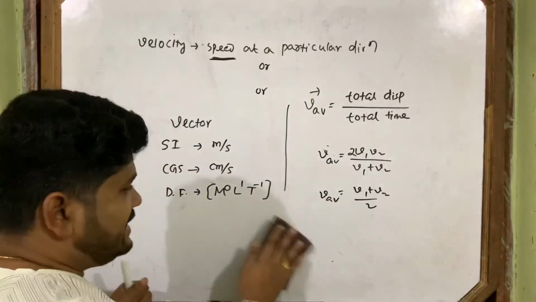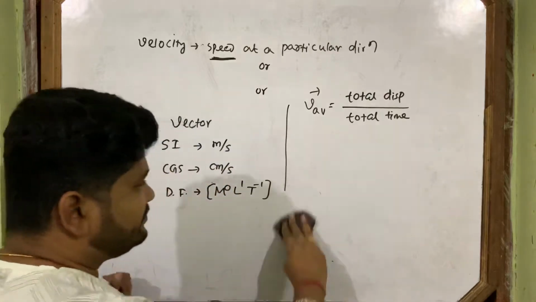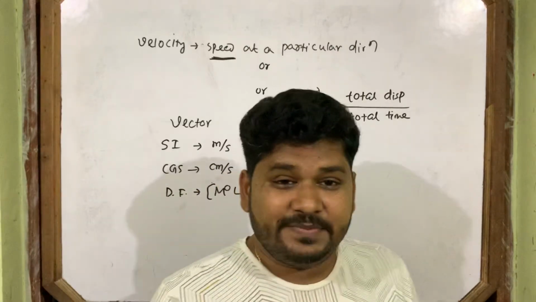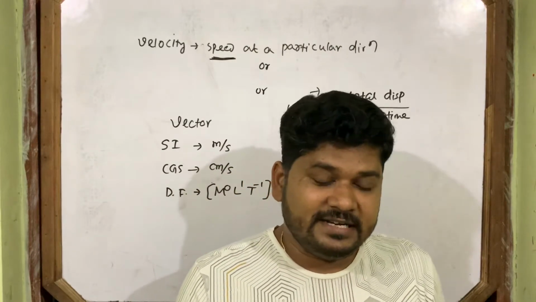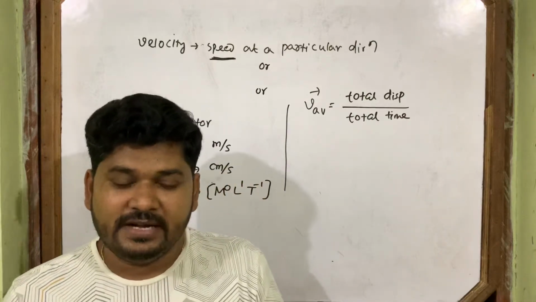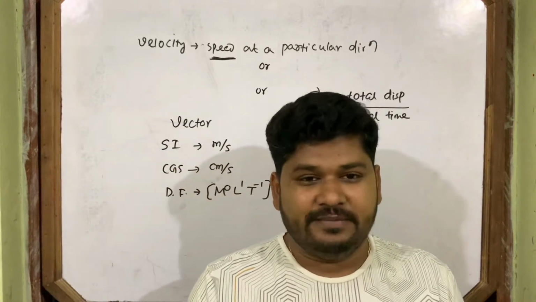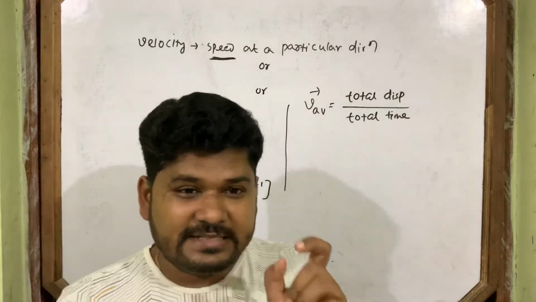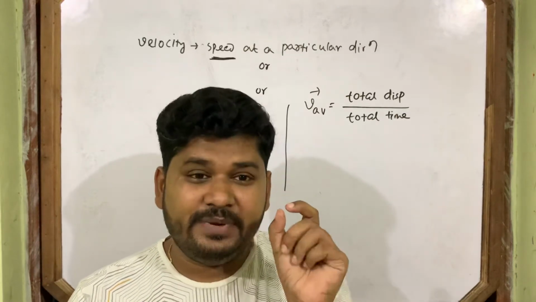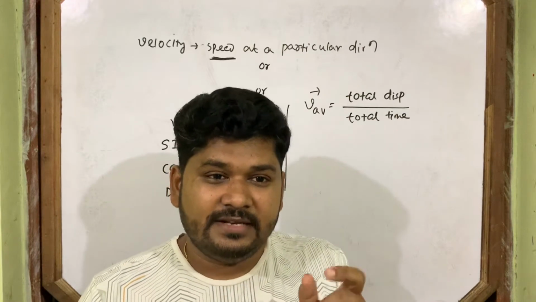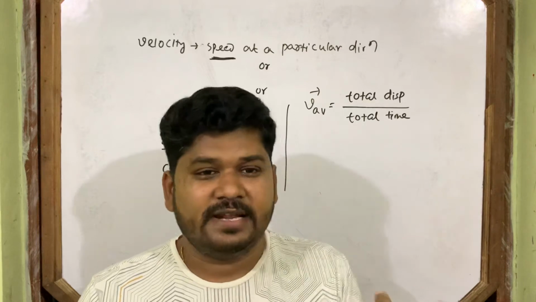Then come to instantaneous velocity. Same as instantaneous speed, instantaneous velocity and instantaneous speed are totally the same. Why? Because instantaneous means a very small time, and in a very small time it has a particular direction.